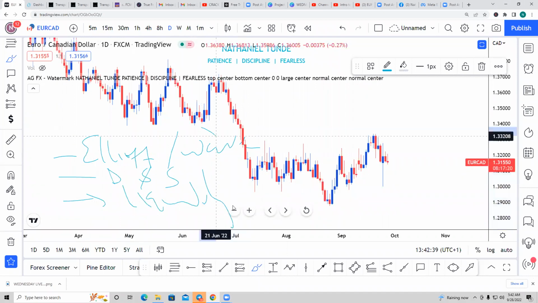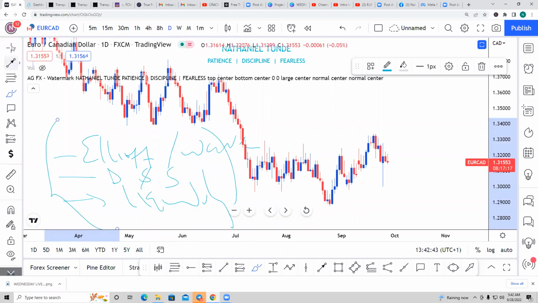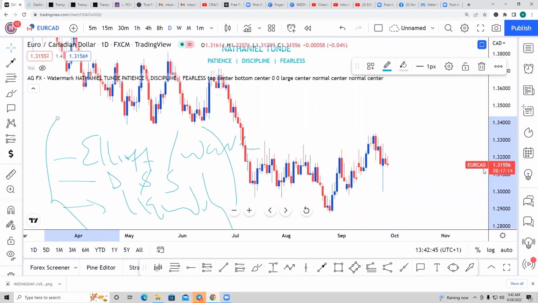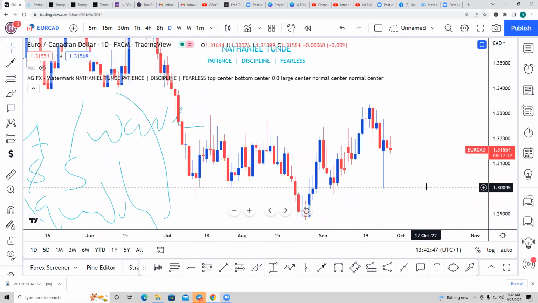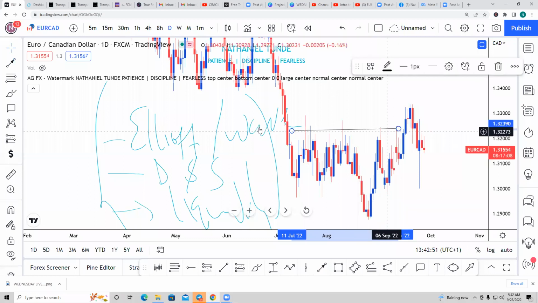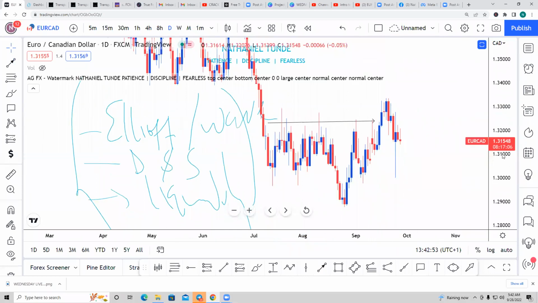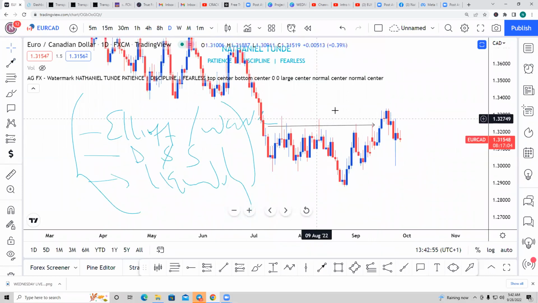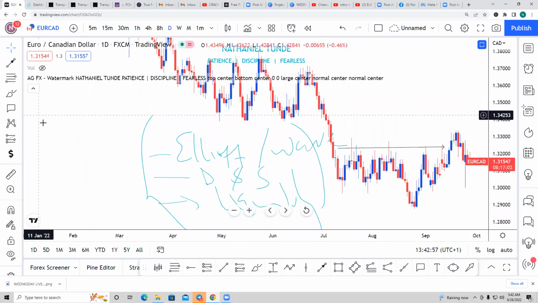Okay, I combine these three strategies to make up my system, and it's been working perfectly. So when I see an equal top here, I see that there's a pool of liquidity over it that the market must take.